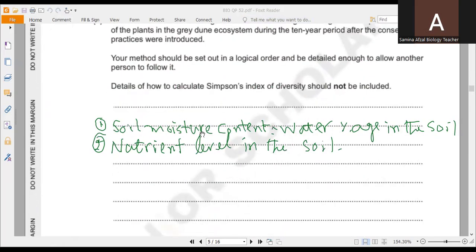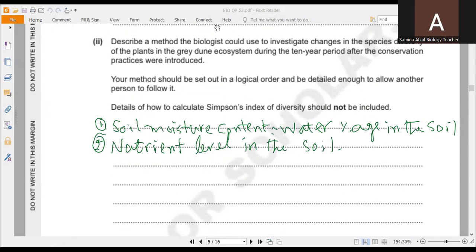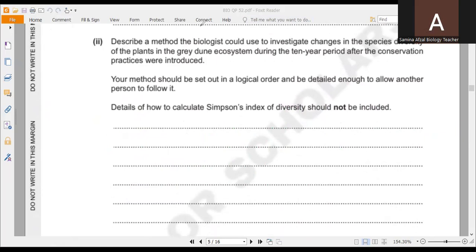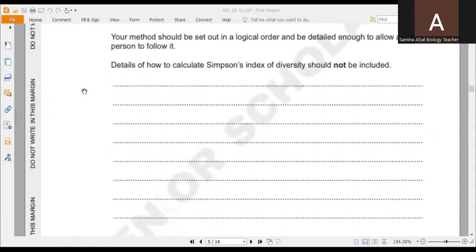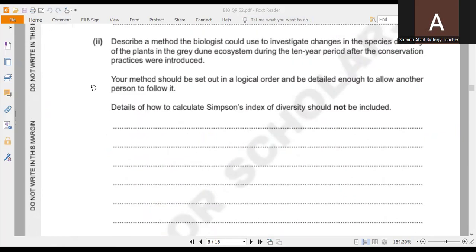And the next part is describe a method. Again, I'm not going into detail, but your method should be set out. You have to describe a method to investigate changes in the species of the plants in the Great Dune during the 10-year period when the conservation practices were introduced. Your method should be set out in a logical order and be detailed enough to allow another person to follow it.